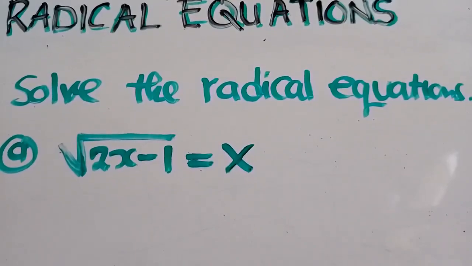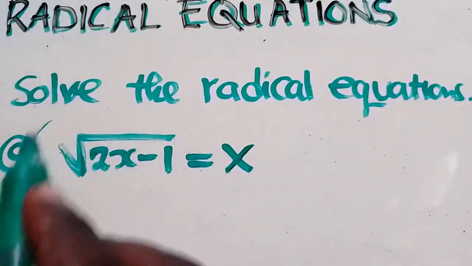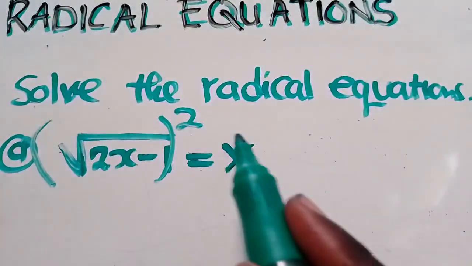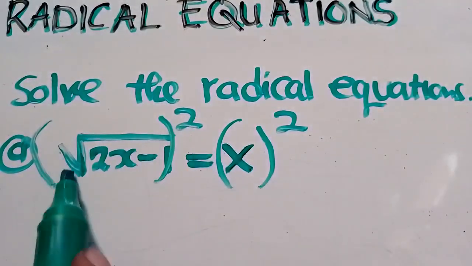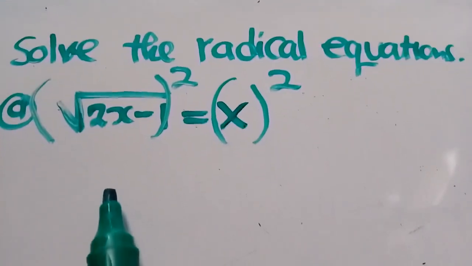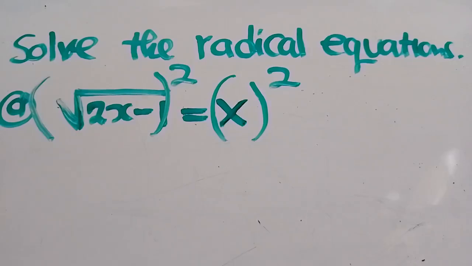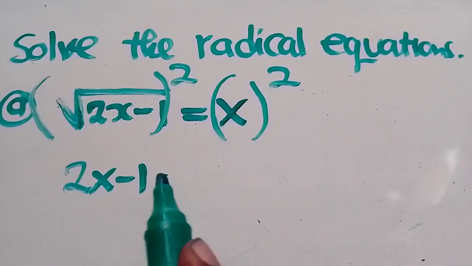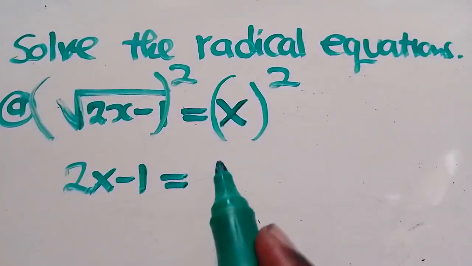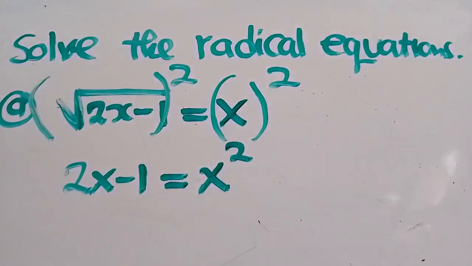When you square both sides, the square and the root cancel out. What are you going to remain with? You are going to remain with 2x minus 1, which is equal to x squared.